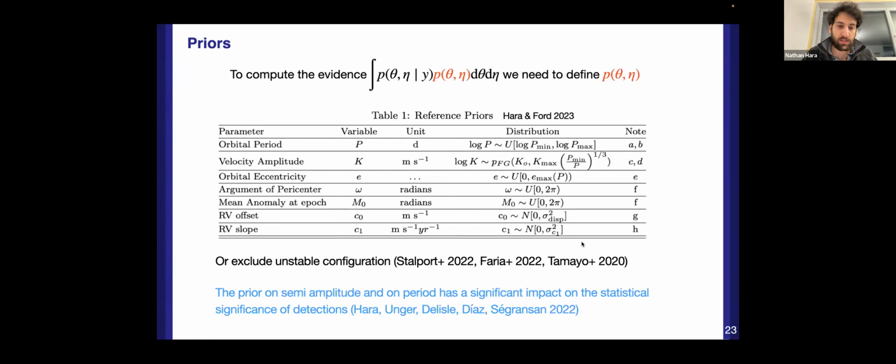And on the period, it's the classical feature of statistical analysis in general: if you search something in more models, then the probability that you're going to find something by chance increases. So you want to penalize the fact that you have searched in a wide variety of models. So the wider your period range is, the wider your semi-amplitude range is, the more you're going to penalize the detection of small planets.